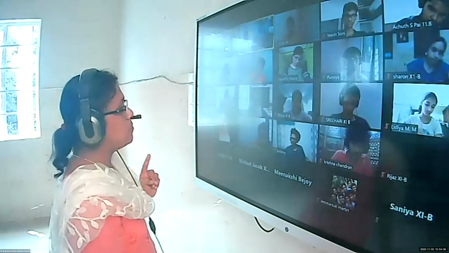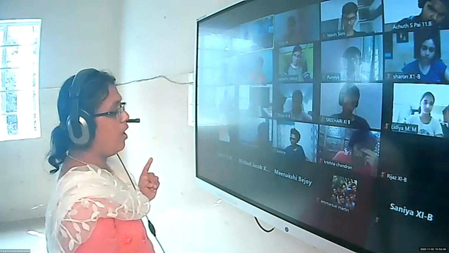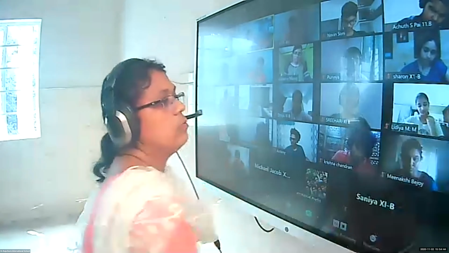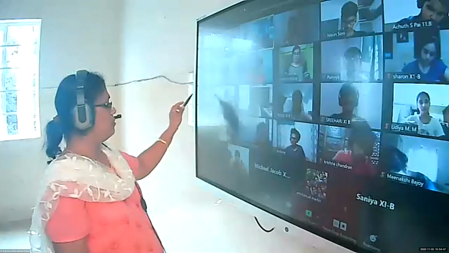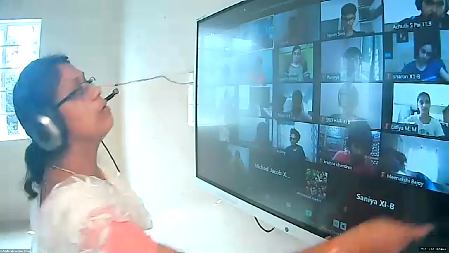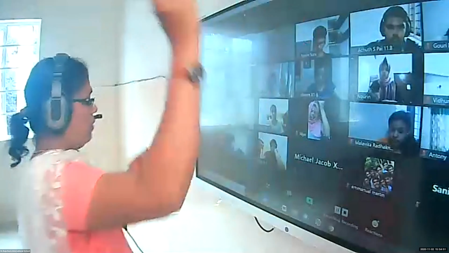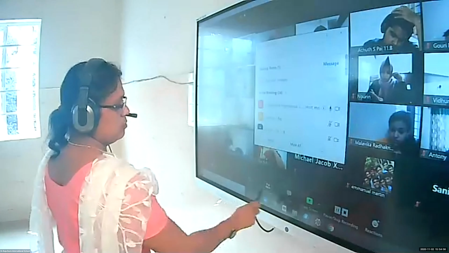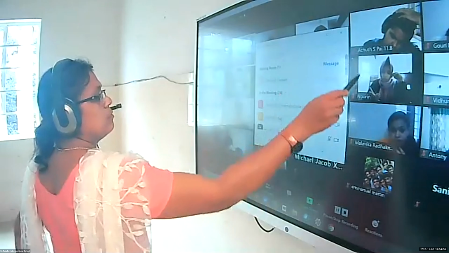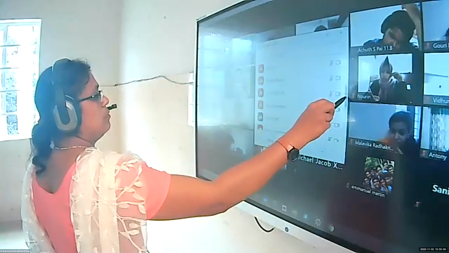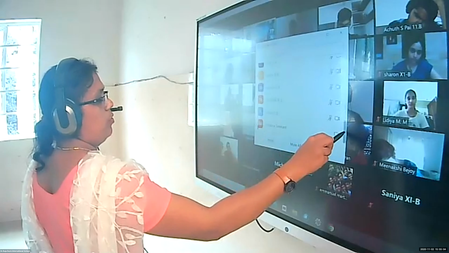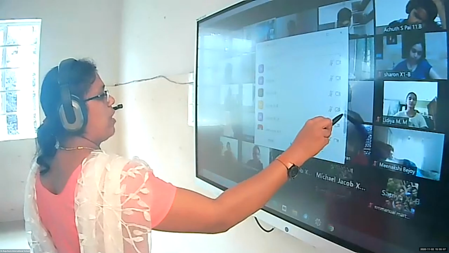All got √6. Srihari, Krishna. Ashwin is not there. Second session. Where are they? Anthony, Nia, Srihari, Vidur, Sharon, all are there?